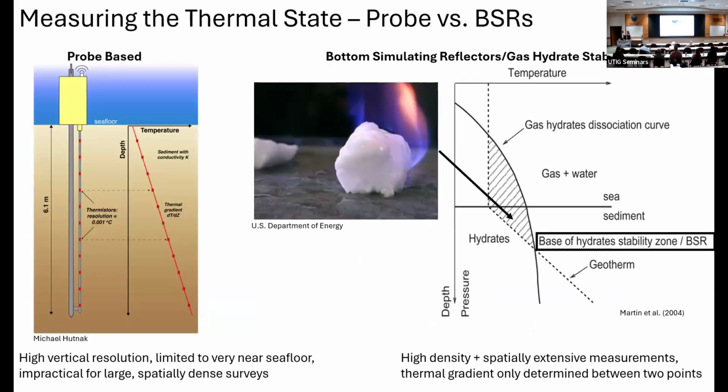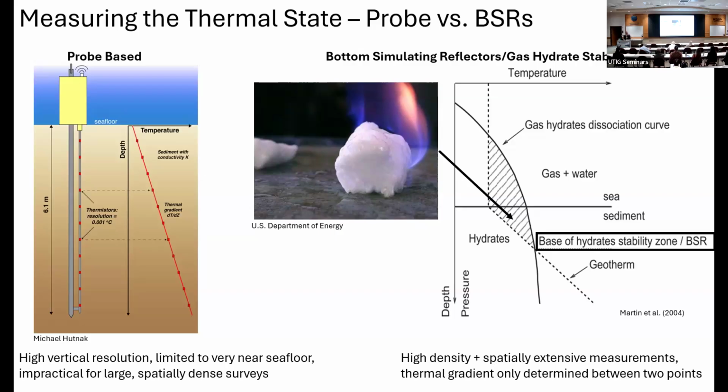So to better understand the thermal state of the plate boundary, I looked at bottom simulating reflectors. For those who may be unaware, bottom simulating reflectors are a reflection that manifests in active source seismic data that corresponds to the base of the gas hydrate stability zone. Using information about the water column temperature and the depth of the BSR, you're able to extract the shallow geotherm.